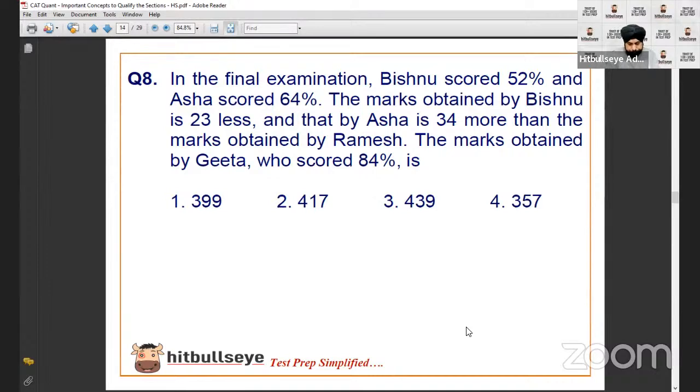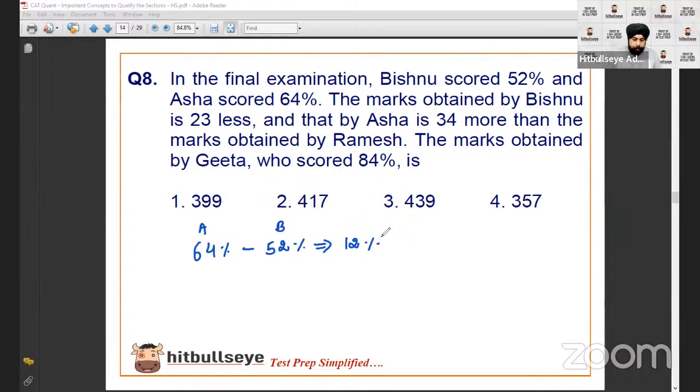So people, here Bishnu scored 52%, Asha scored 64%. You can see the difference in percentage obtained by Bishnu and Asha is 12.